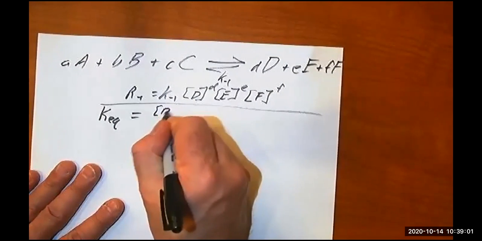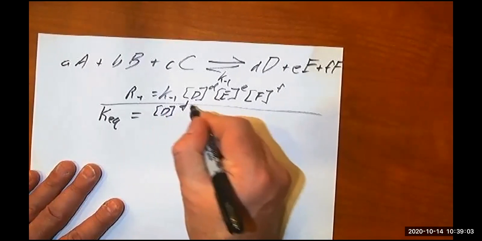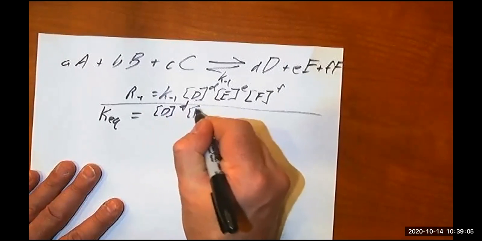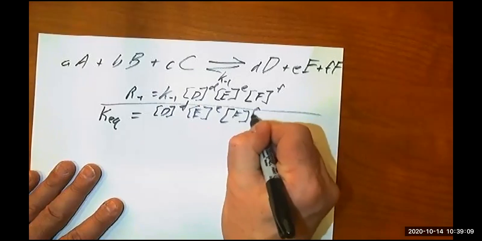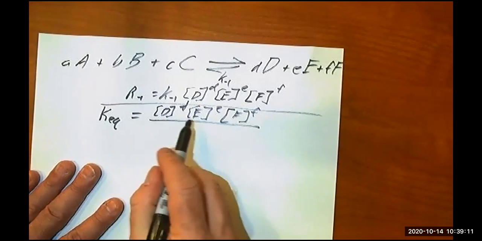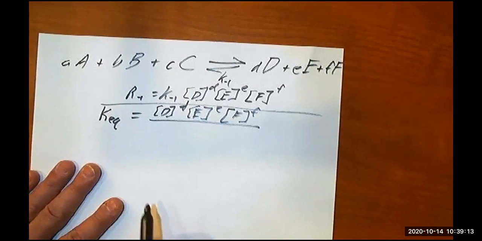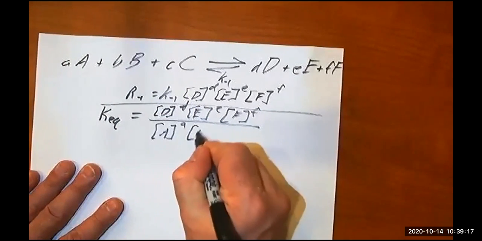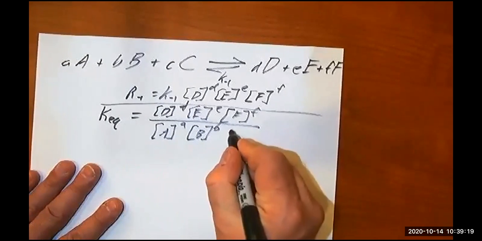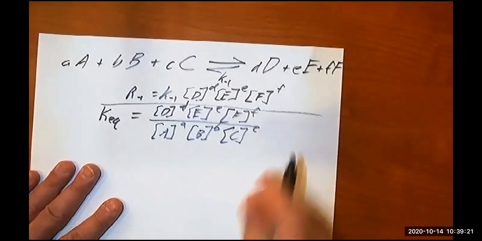So D to the d, E to the e, F to the f, over the same thing but the reactant side: A to the a, B to the b, C to the c.